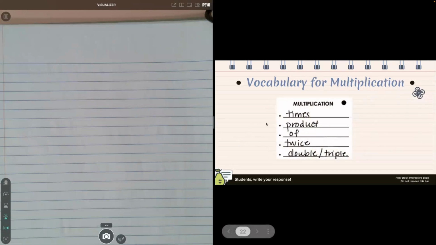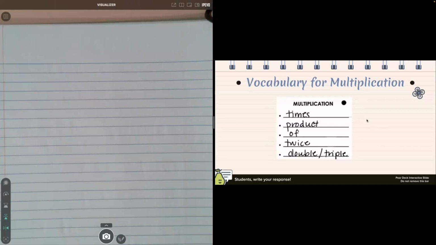For multiplication, we commonly see times, product, right? When the result of multiplication is a product of, like groups of some number, and then we know that we have to put those all together. Twice, multiplying by 2, double, again multiplying by 2, or triple, multiplying by 3.